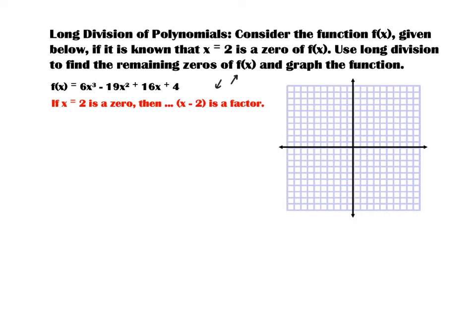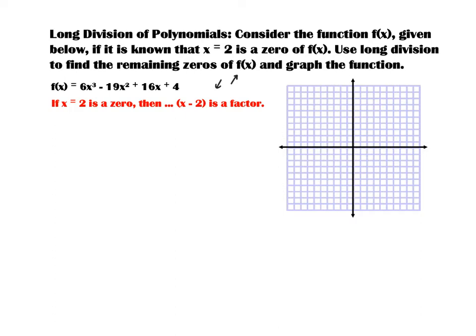If x equals 2 is a zero, then x minus 2 is a factor. So the way I could find the other factor is if I divide 6x cubed minus 19x squared plus 16x plus 4 by x minus 2.